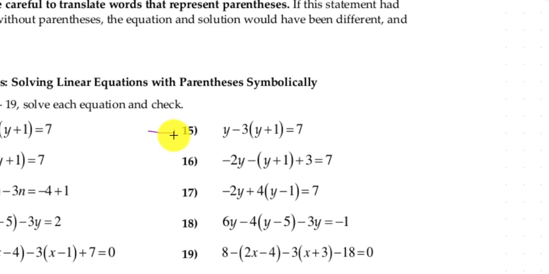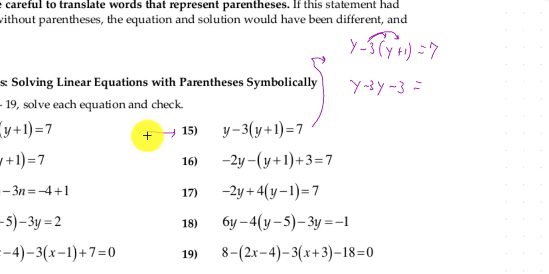So 15, I'll rewrite it up here just so I have some more room. We have y minus 3 times (y plus 1) equals 7. I'm going to distribute the -3 all the way through. So I now have y minus 3y minus 3, because it's -3 times 1.